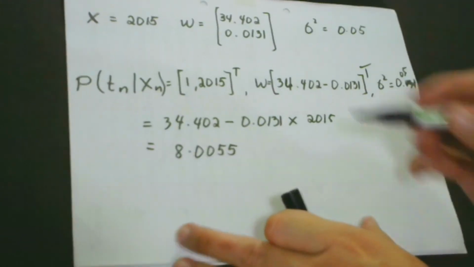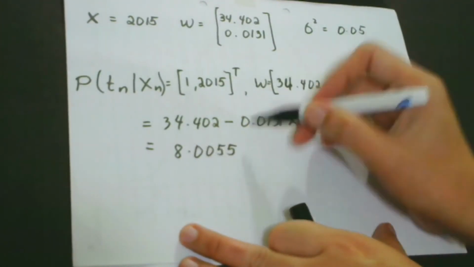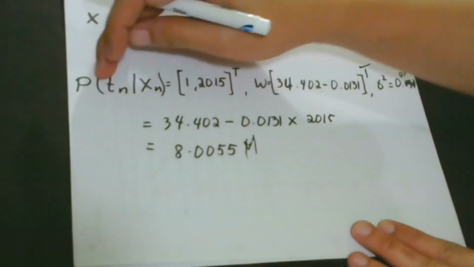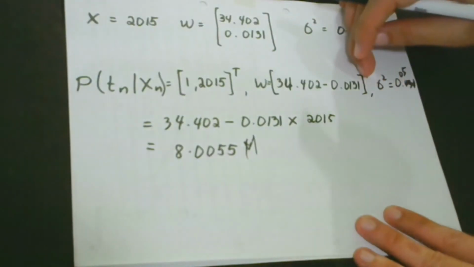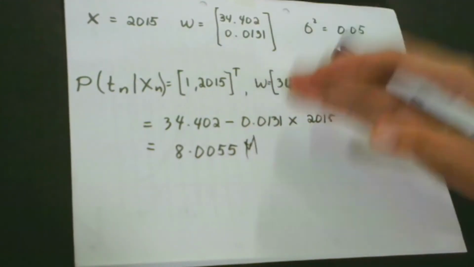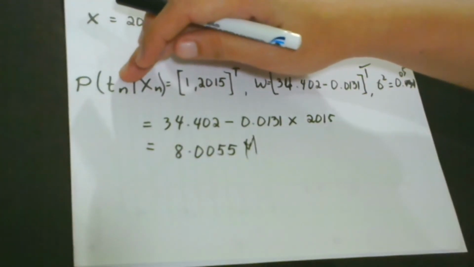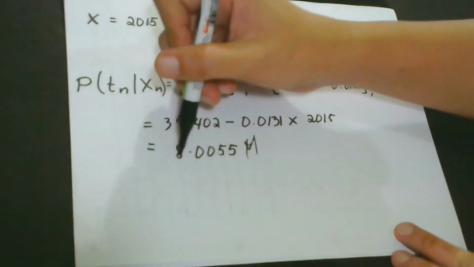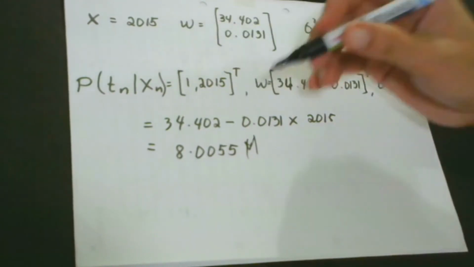we could get 8.0055. So that means the probability here is 8.005 million. I would like to repeat that the P here is actually a probability, and we are talking here of a continuous random variable. But I would like to remind you that the P here, PT here, does not mean that it is a probability. So the value here of 8.0055 million is not actually a probability.